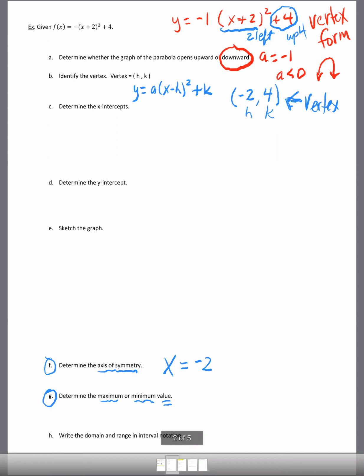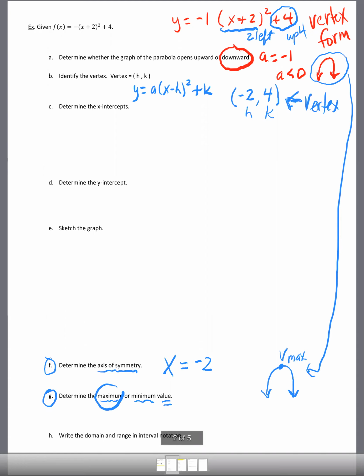To determine if this is going to be a max or min value, up above, our value of a told us that the graph was going to go upside down. So right here, our vertex would look like a maximum value because it's at the top of the picture. So I already know I'm going to have a maximum.